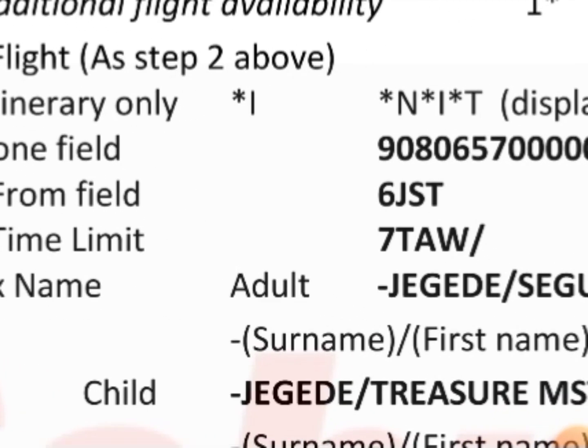For adults, to advise passenger name, you're gonna do /Jegede Shegun. So first of all, surname comes first, then your first name and title. Sometimes you don't need to put the title, or if you want, you can still put the title.